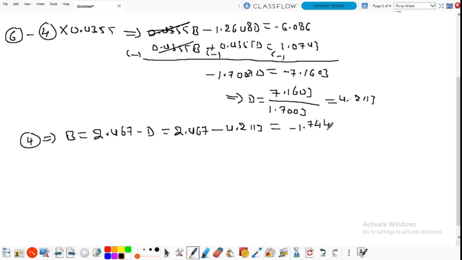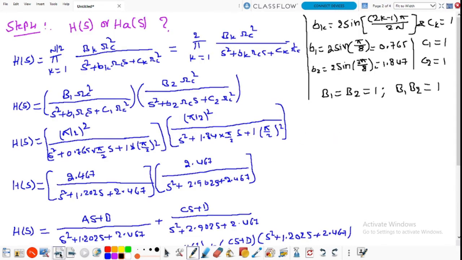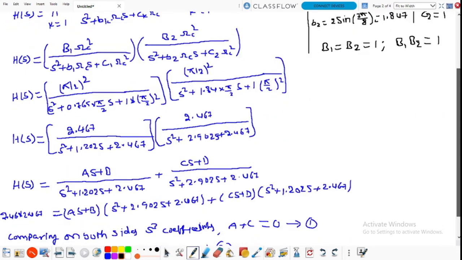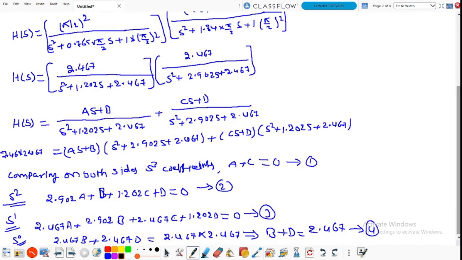Substitute this b value and d value into equation number 2.